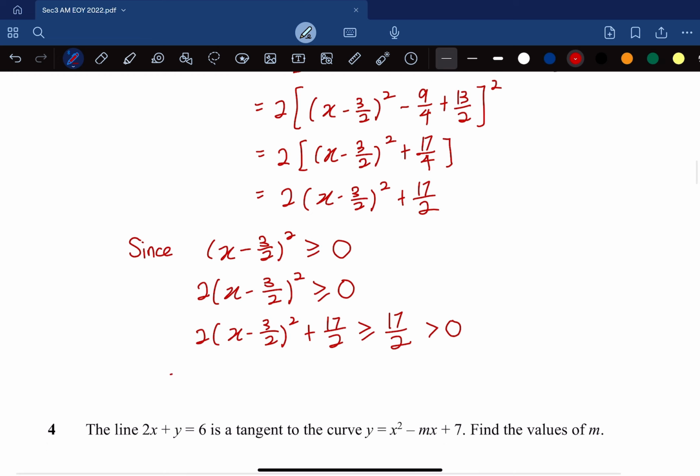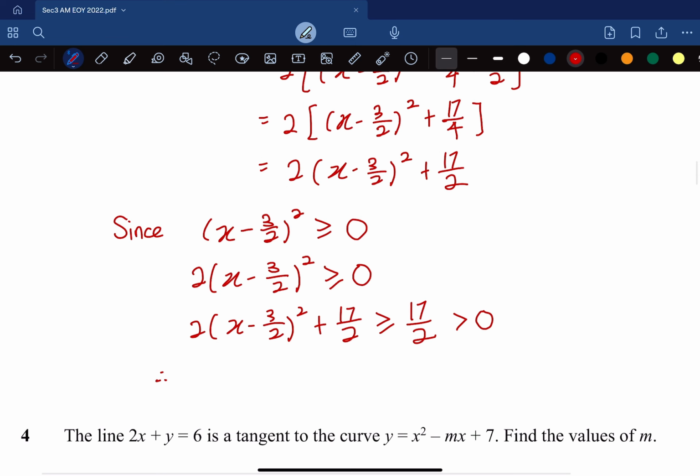So therefore, we can conclude that this expression here, 2x minus 3 over 2 squared plus 17 over 2, is always positive.